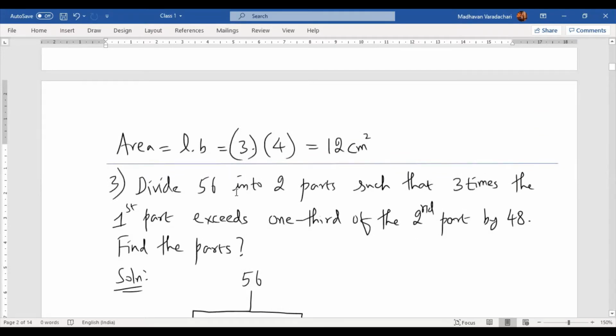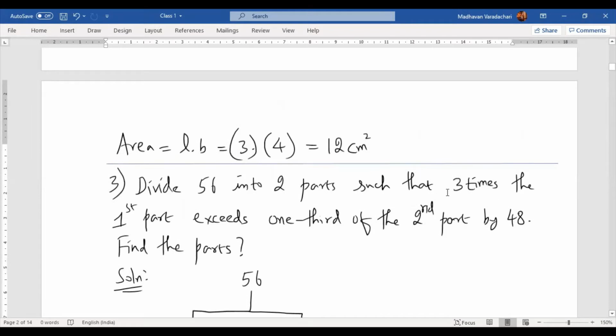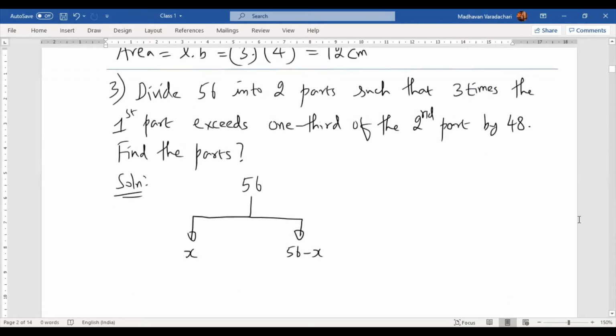What it says now: divide 56 into two parts such that 3 times the first part, let me consider this as the first part, and this as the second part.